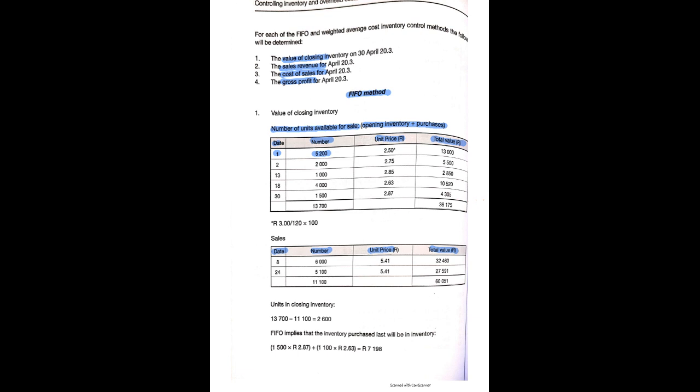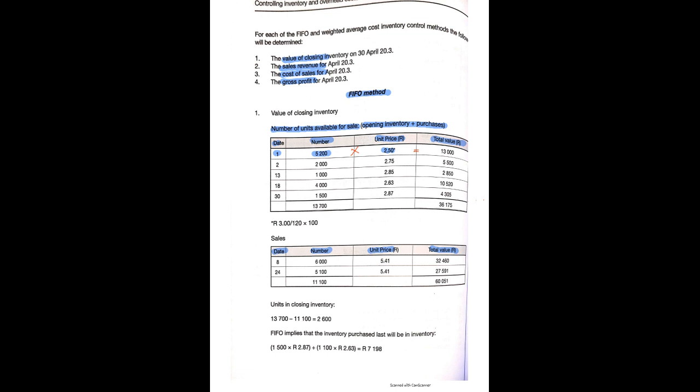So your opening inventory was the 5,200 units on the first at that price of 2 Rand 50, and so you're saying 5,200 times 2 Rand 50, it gives you a total of 13,000 Rand. That's the opening inventory.